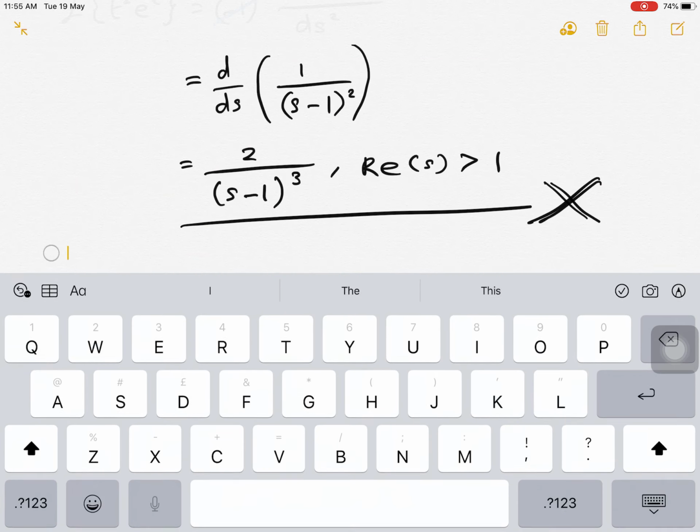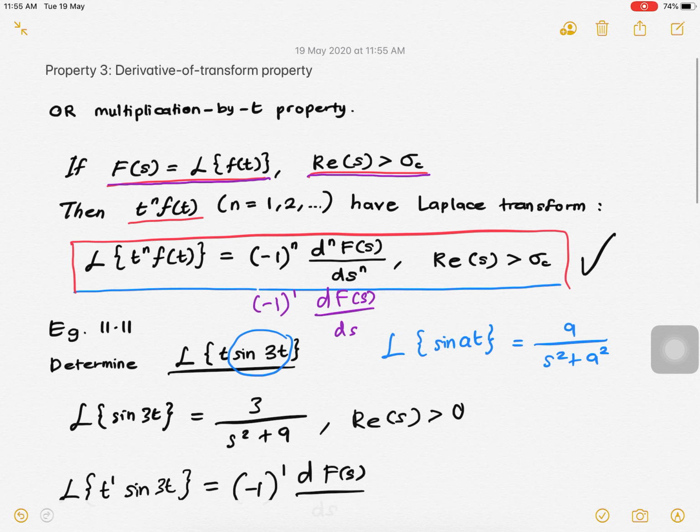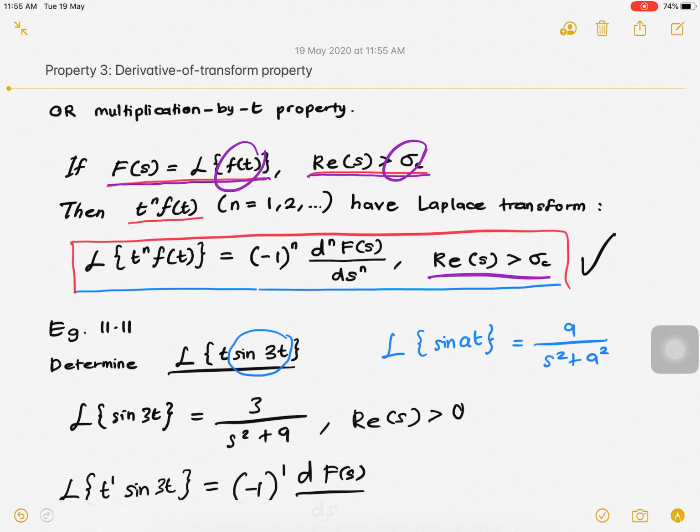But if n is equal to 2, we need to calculate the second derivative. Hopefully you get that. And the good thing about this property is the condition, the abscissa of convergence, is not changing, even though we add any power of t at the side of the function. So the abscissa of convergence is similar to the function right here.